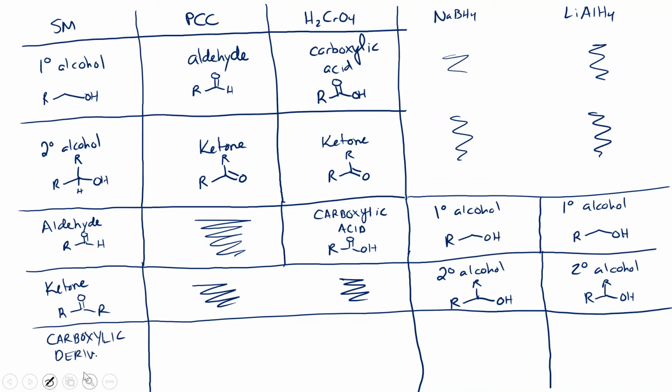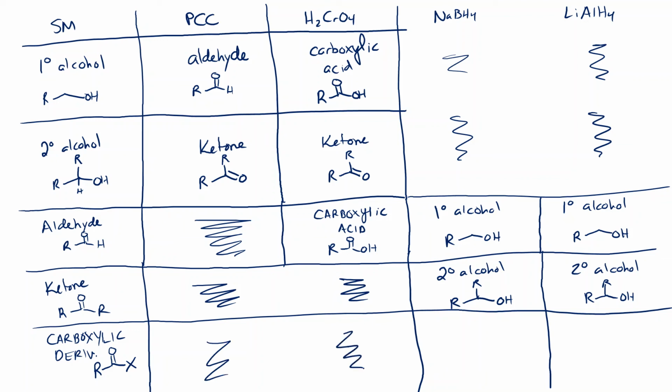All right, so what's a carboxylic derivative? It's when there is a heteroatom attached to the carbonyl in this position. So instead of an R group or an H group, we have some kind of oxygen or nitrogen or chloride or bromide or something that's not carbon or hydrogen here.